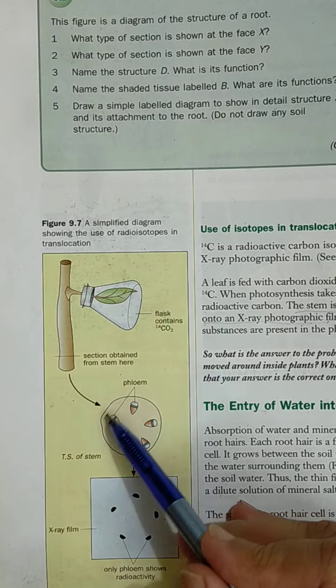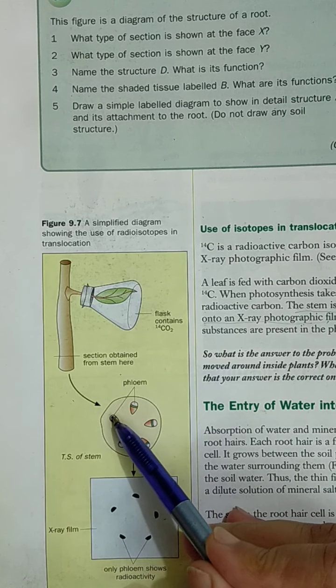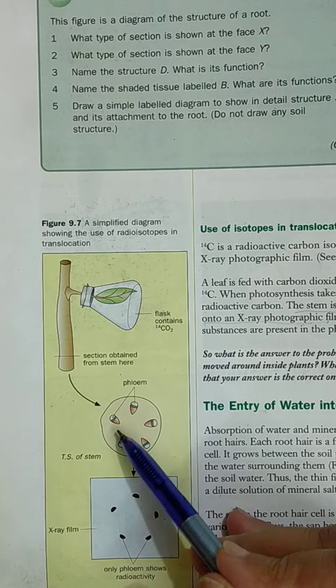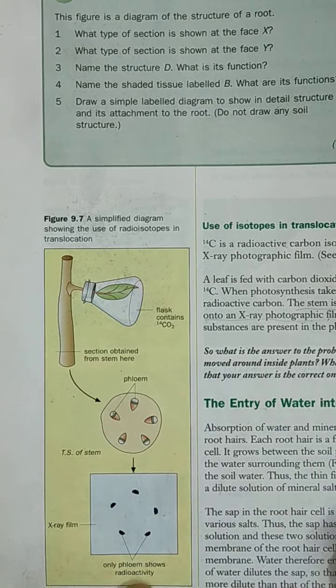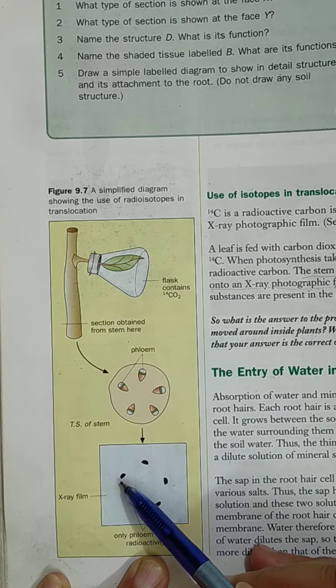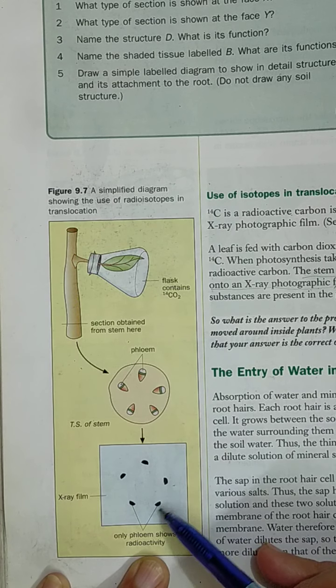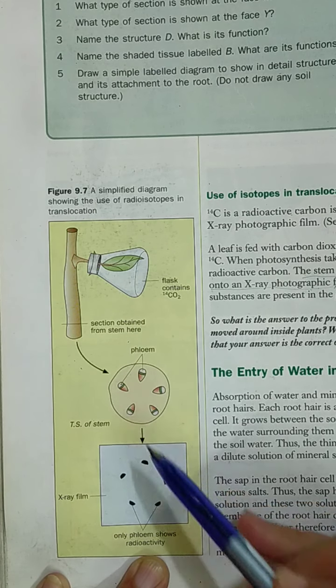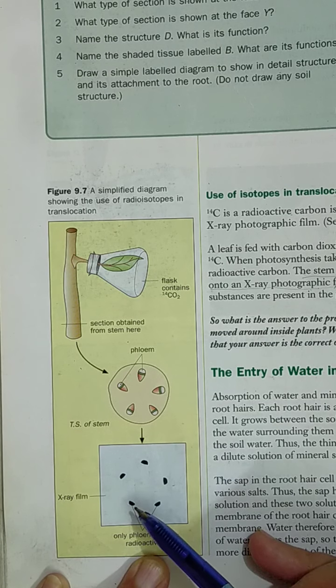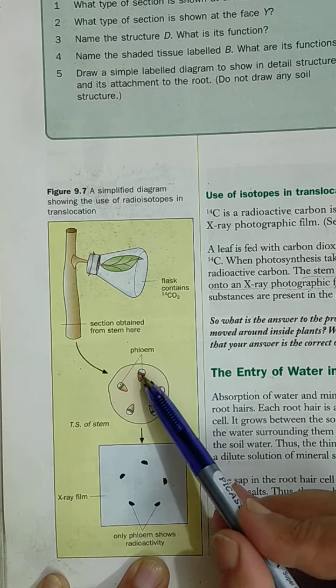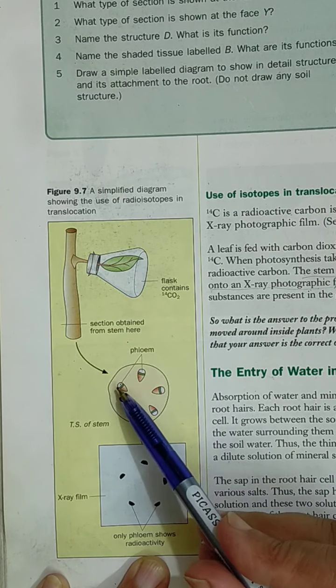They found that phloem is on the outer side and xylem is on the inner side, and then they took its image on the photographic film. Here you can see these black sides, they are showing the phloem region, and they are stained, showing that carbon 14 was transported through the phloem region.